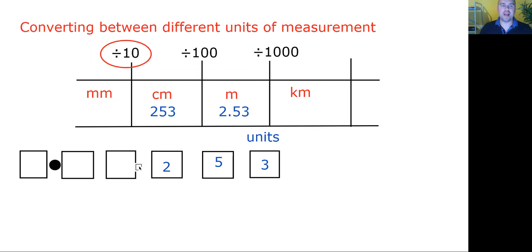So we've got gaps. Let's fill them up. 0, 0, 0, 253 of a kilometer. Let's put that in. 0.00253 of a kilometer.